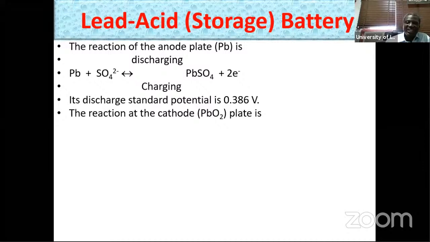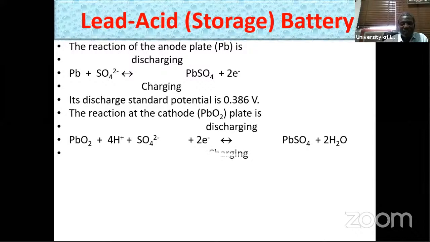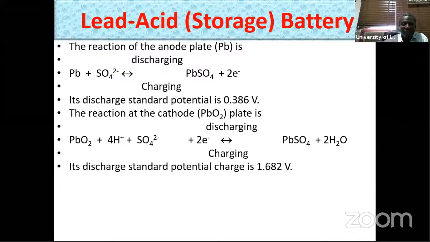So its discharge standard potential is 0.386 volts. And the reaction at the cathode, where you are producing Pb: the forward reaction is for discharging and the backward reaction is for charging. Normally this one, the potential is 1.682 volts.